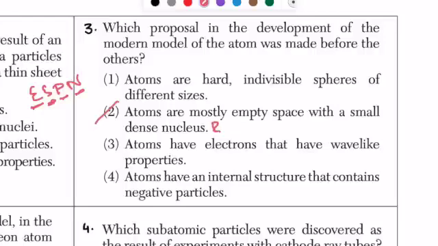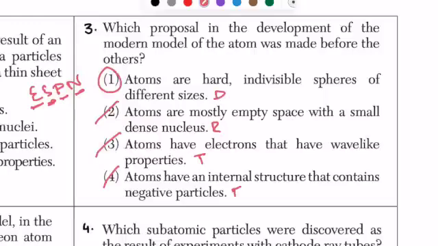Atoms have electrons that have wave-like properties. This one is the wave mechanical model, so that was also not the first one. And atoms have an internal structure that contains negative particles, which is kind of like what Thomson said, so also not our answer. So the first one was this, which was presented by John Dalton.